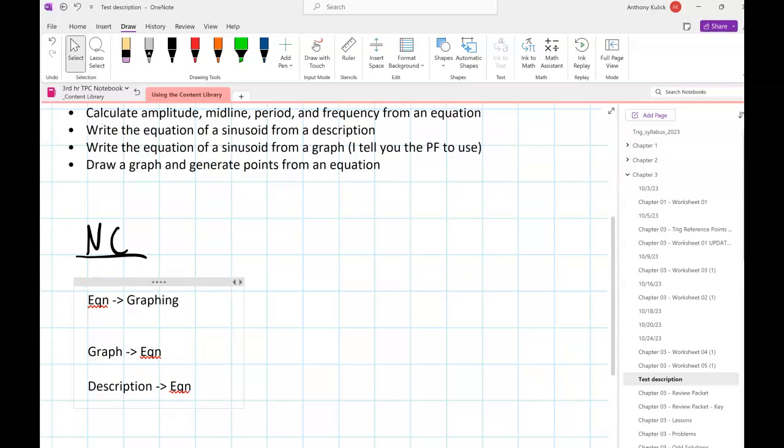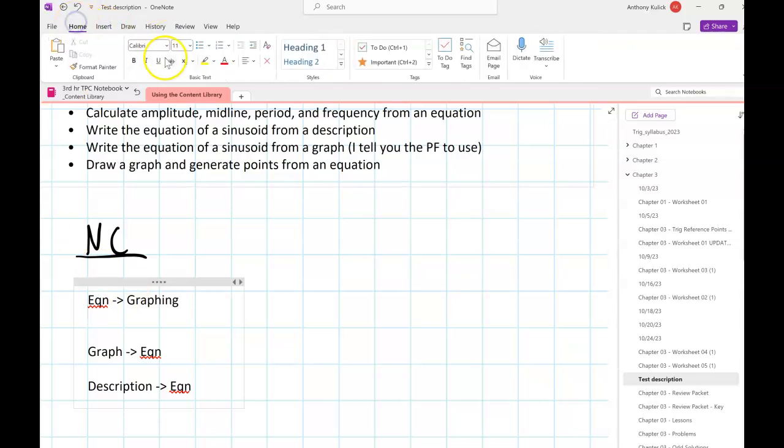Under here, I would include the formulas I need to know, or the things I need to remember when going from an equation to a graph.